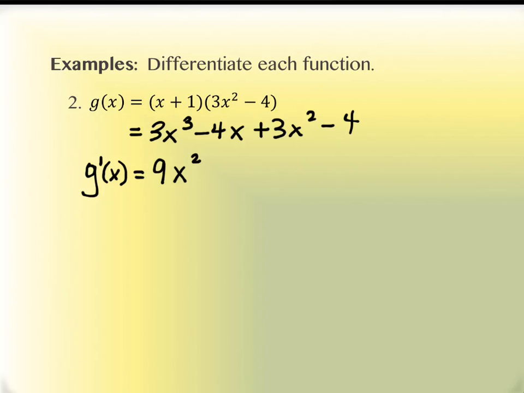All right, somebody else tell me, what's the derivative of negative 4x? Negative 4. Okay, someone who hasn't given me an answer yet today, tell me, what's the derivative of 3x squared? 6x. I did get some voices I haven't heard today. That's good. And what's the derivative of the minus 4? That's 0. Okay? So either write nothing or write down the 0 there.